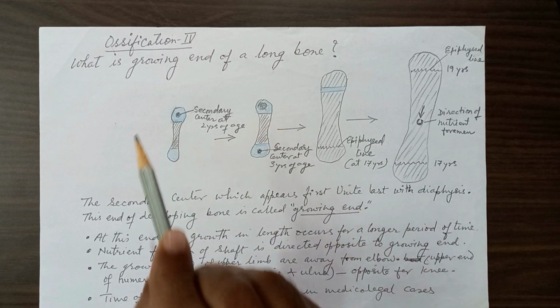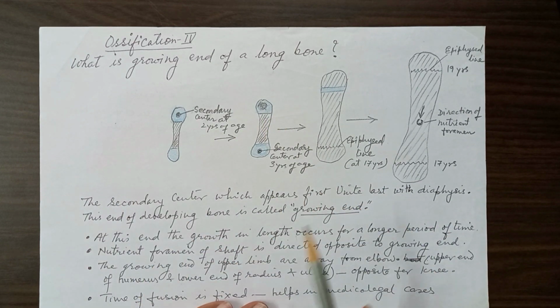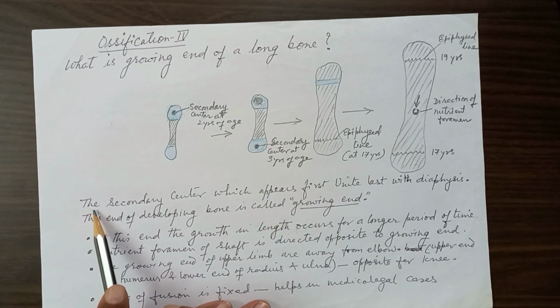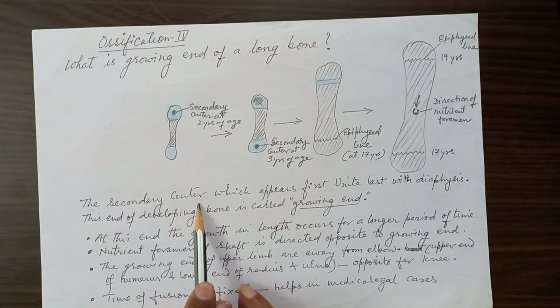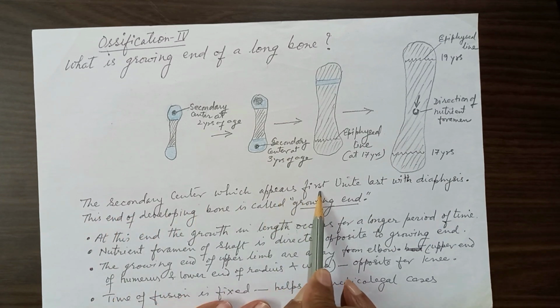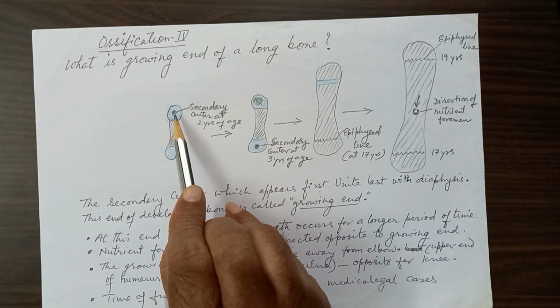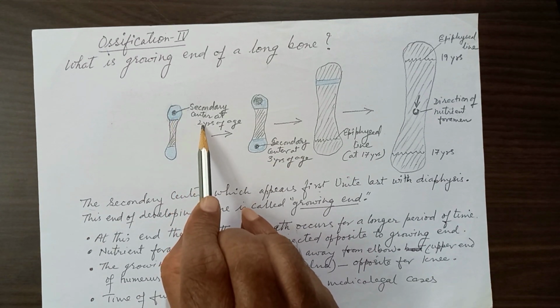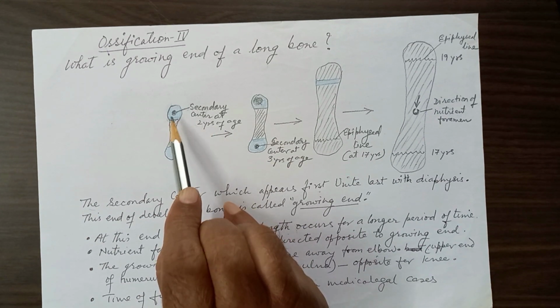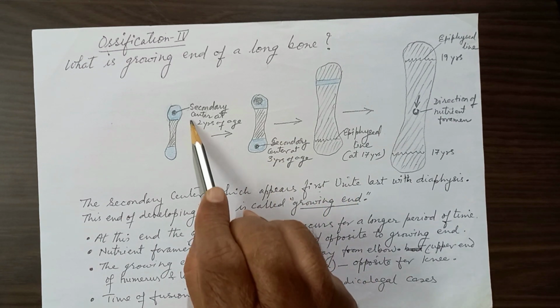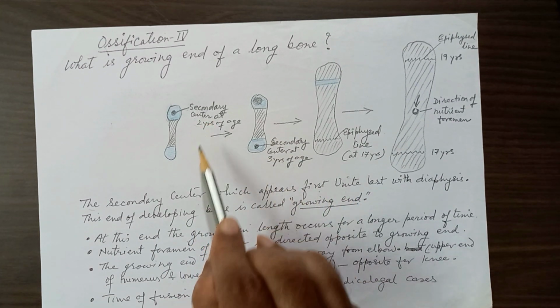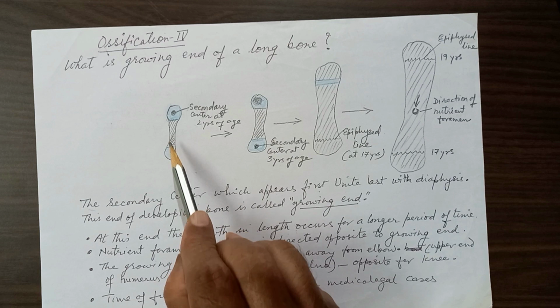So what is the rule of the growing end? The secondary center which appears first, say at the second year of age after birth, will unite last with the diaphysis.